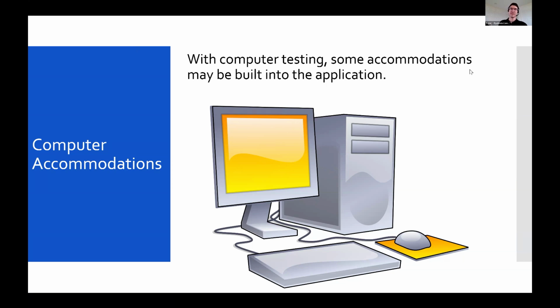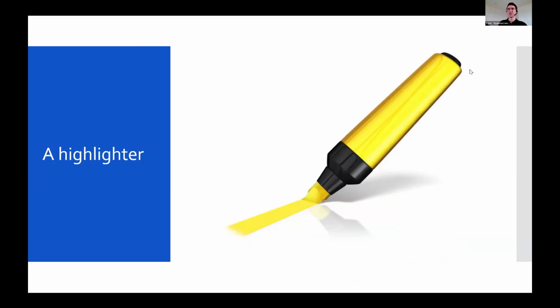Here are some other accommodations that are very, very helpful. If the student is doing the test on paper, a highlighter can be very helpful to them. They can highlight sections that they need to go back to. They can mark what they've read so far and what they haven't read so far, and mark up the test in different ways that will help them keep track of where they are and feel a little bit more organized.